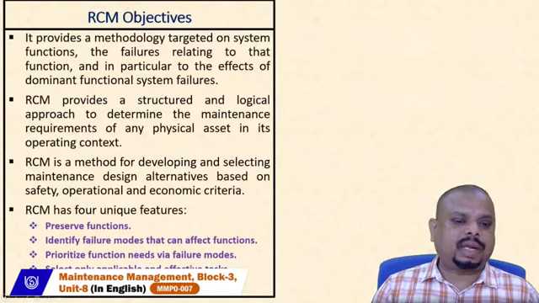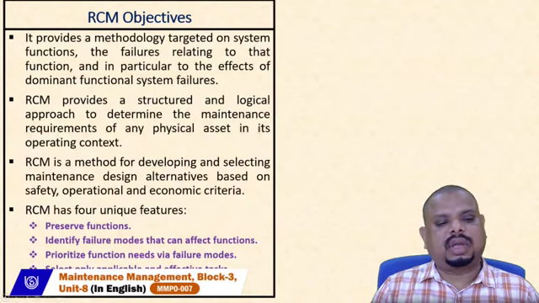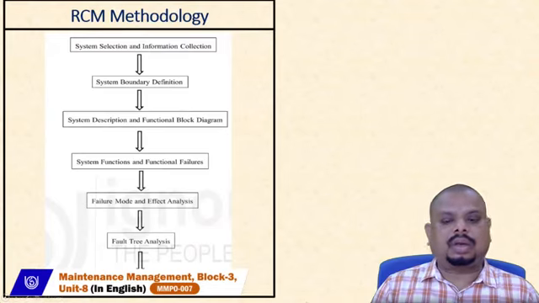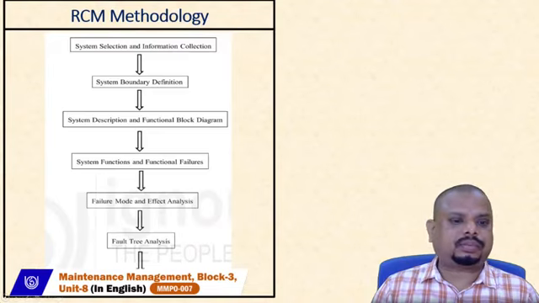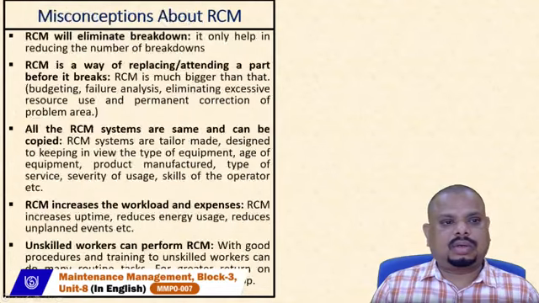These are implemented through unique features like preserving functions, identifying failures that affect the function, characterizing functions by failure modes, and selecting only applicable and effective tasks. We have also understood the RCM methodology: how the system is selected, data collected, system boundary defined, system described, and functional diagrams lead towards the selection of tasks.